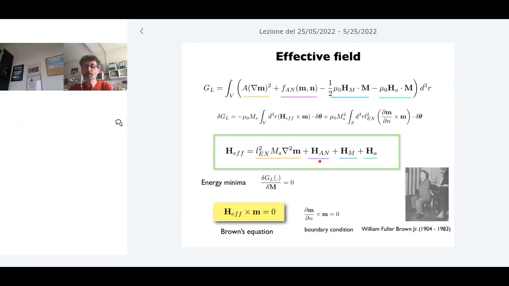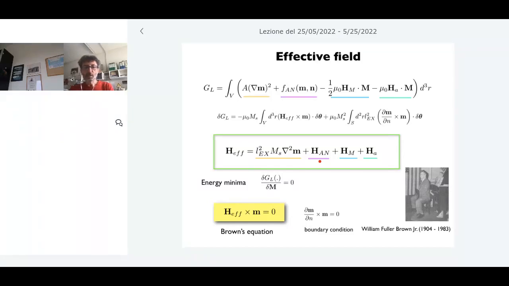They both are the derivative of the anisotropy energy or the exchange energy with respect to magnetization. They are simply put there as a sort of effective force acting on the magnetization. But then it became quite common to measure them in units of a magnetic field. Let's accept this because they are summed to the true magnetic field, H_M and H_A.